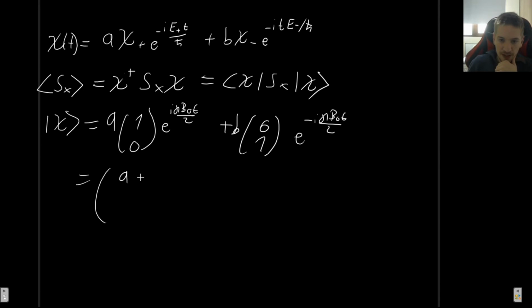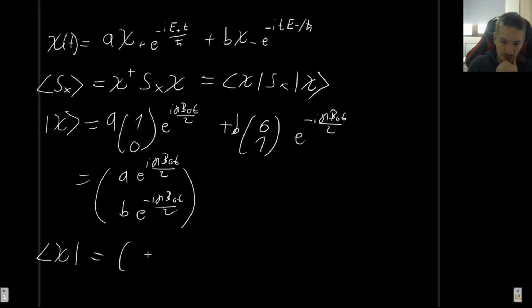So we get (a e^(i gamma B0 t/2), b e^(-i gamma B0 t/2)). And from here, of course, we can find the bra, just taking the Hermitian adjoint of what we have here, which is going to be (a e^(-i gamma B0 t/2), b e^(i gamma B0 t/2)), now a row vector.